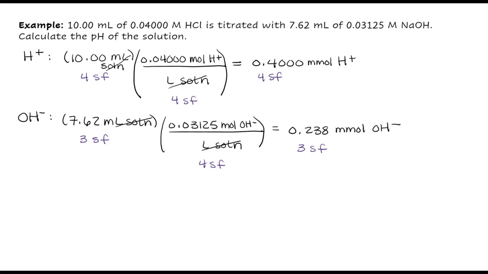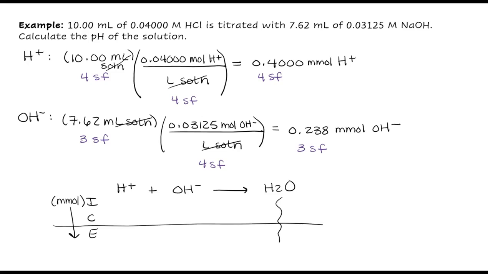Now we can set up our millimole table. We start by writing our net ionic equation at the top, which is our substance, H plus, our titrant, OH minus, going to water. We'll set up our rows, initial, change, end, and note that our units are in millimoles.